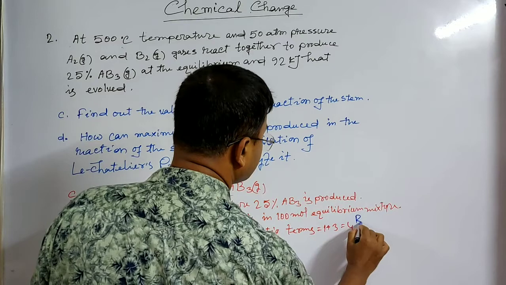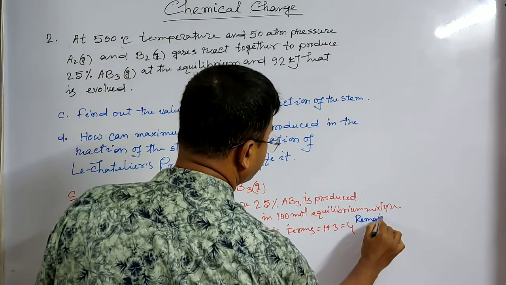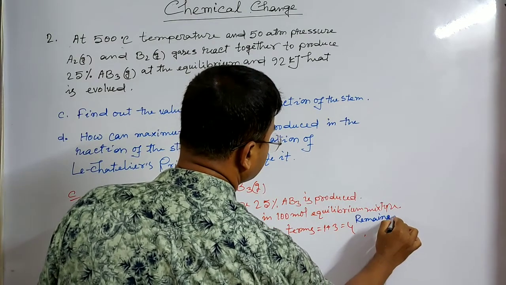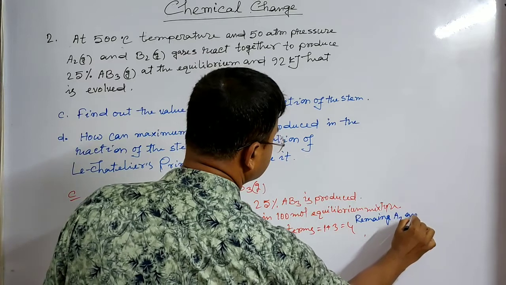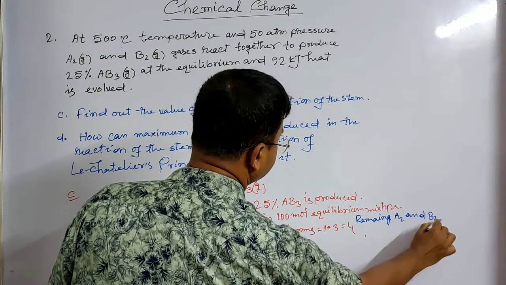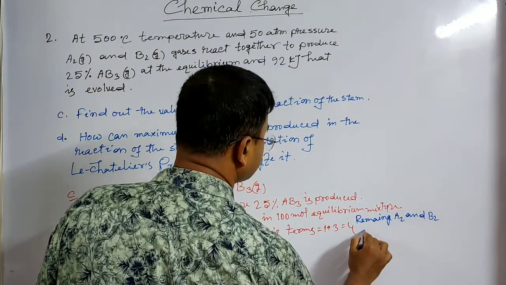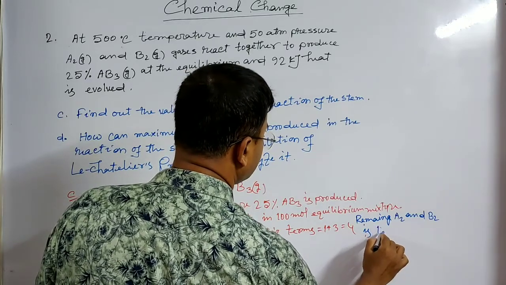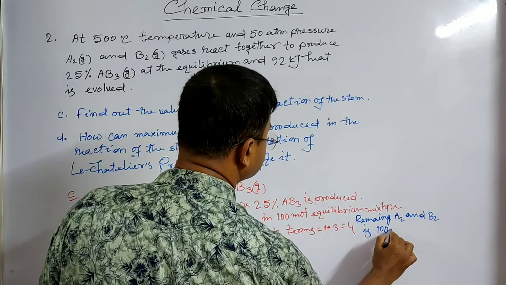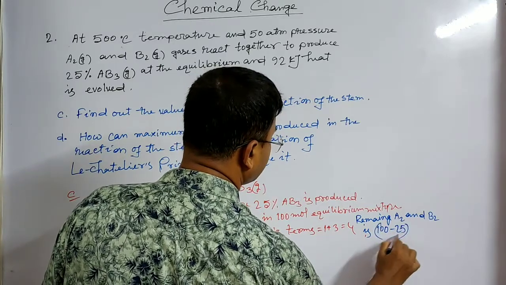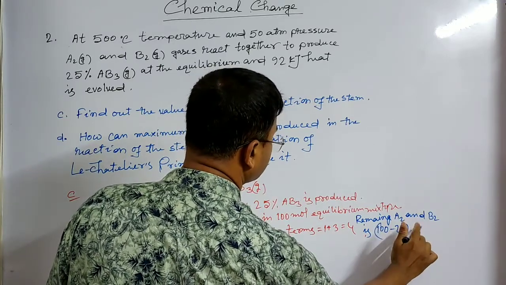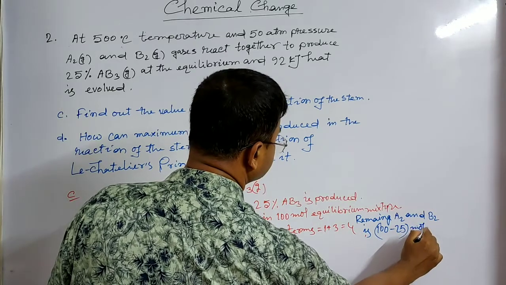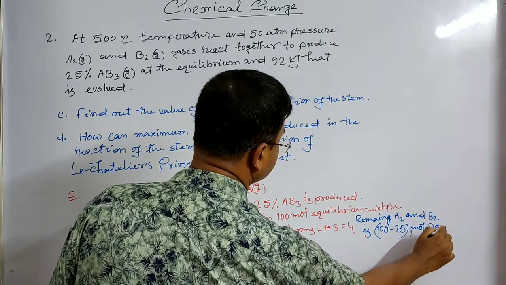Remaining A2 and B2 is 100 minus 25 equals 75 mole.